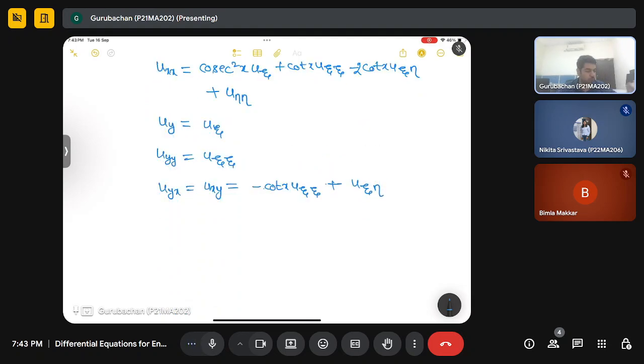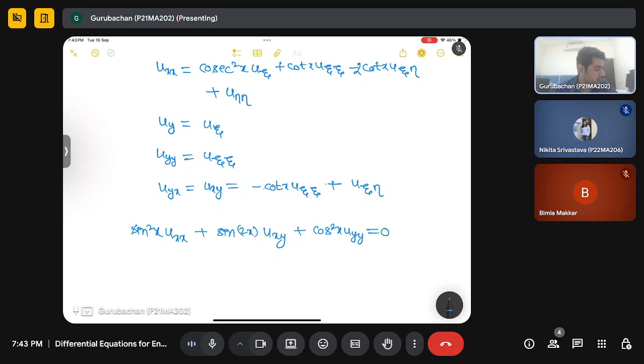Now we have to put these values into the original given equation, that is sine square x uxx plus sine 2x uxy plus cos square x uyy equal to 0.